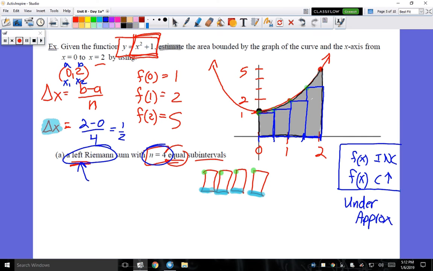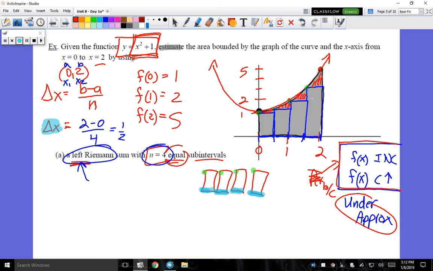And you can see that verified with the actual picture. There's a lot of the graph that does not get accounted for, all here, here, and here. And how do you do your justification and all that? Is right here. It's going to be an under approximation because f of x is increasing and f of x is concave up.